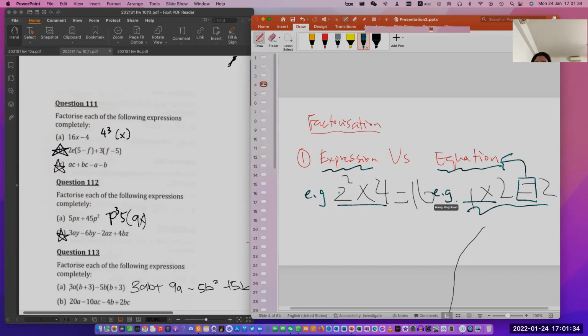Okay, so over here you have 2 to the power of 2 times 4 is equal to 16. What is the difference between the two examples you give? I don't see any difference. You have a square. Okay, so you are telling me, over here you have a square, so it's an expression. So anything with a square is an expression.